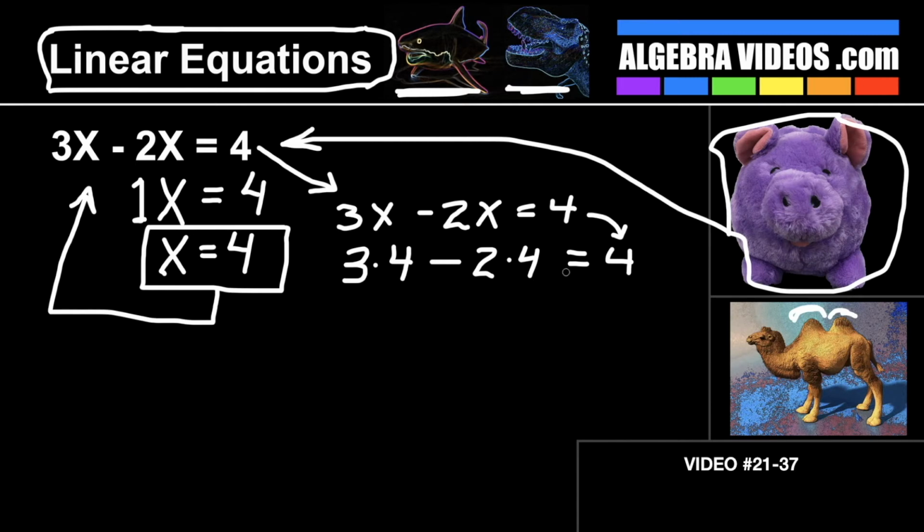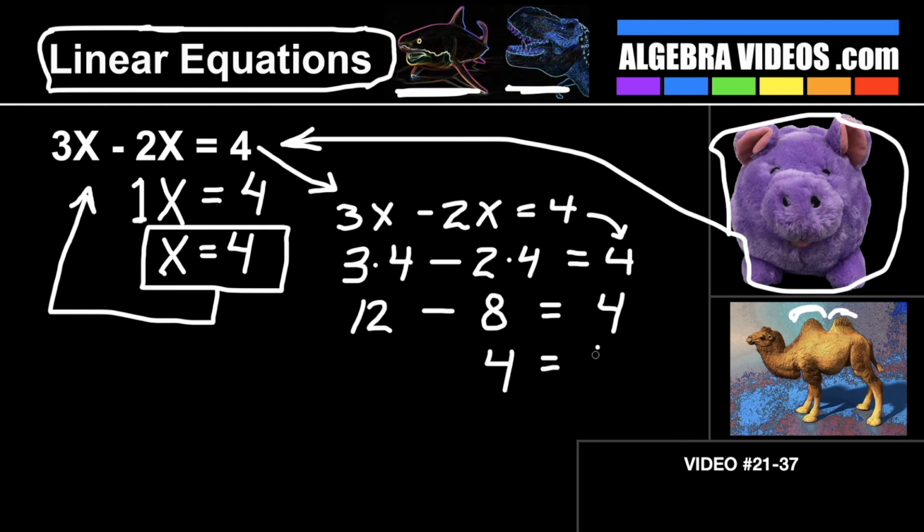So now simplifying the left side of the equation, 3 times 4 is 12. Minus 2 times 4, that's 8. Equals, once again, the right side is still 4. I'm just rewriting it. So now 12 minus 8, that's 4.